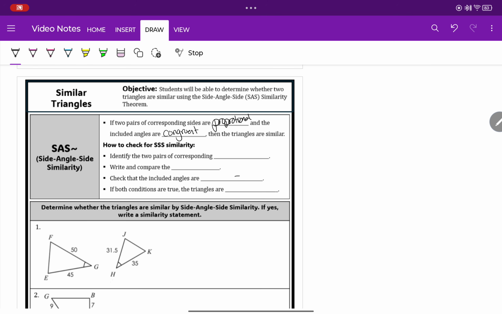So in order to check for side similarity, I first need to identify the two pairs of corresponding sides. Afterwards, we write and compare the ratios. Then we check that the included angles are congruent.